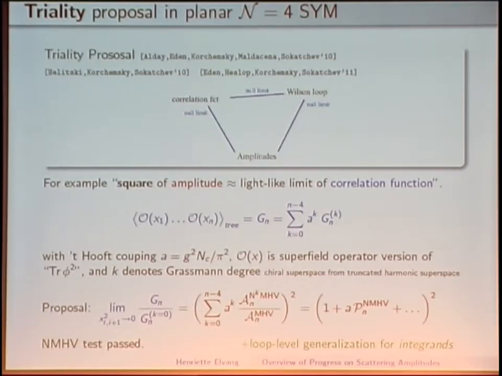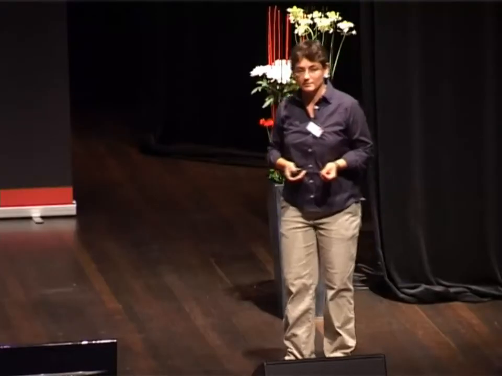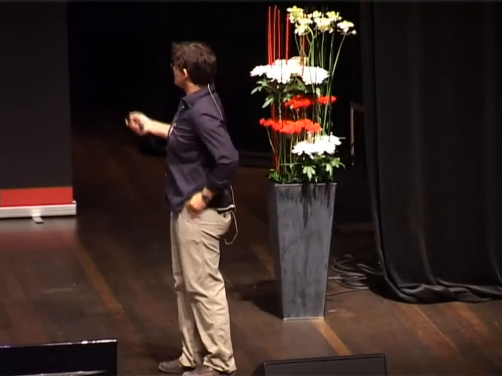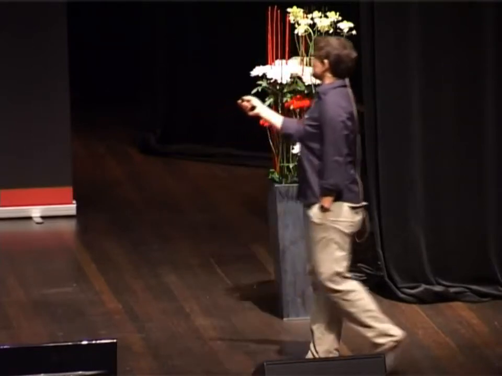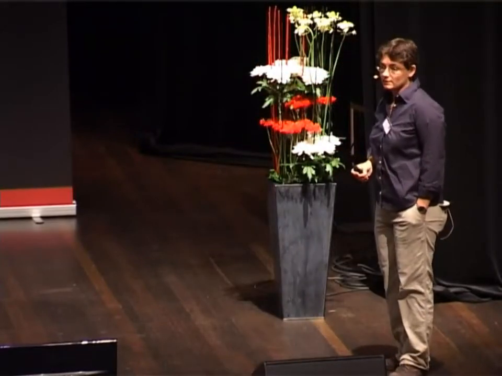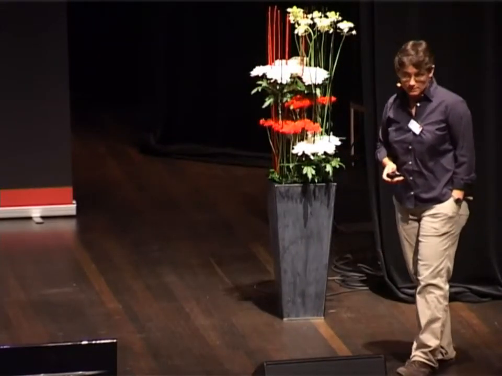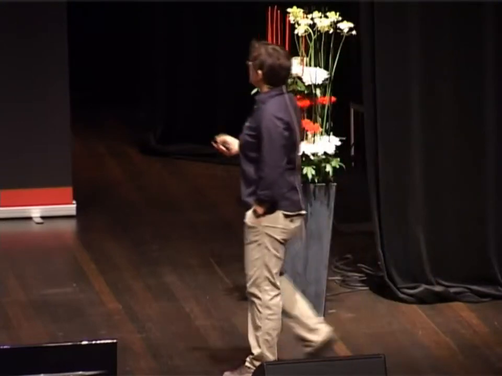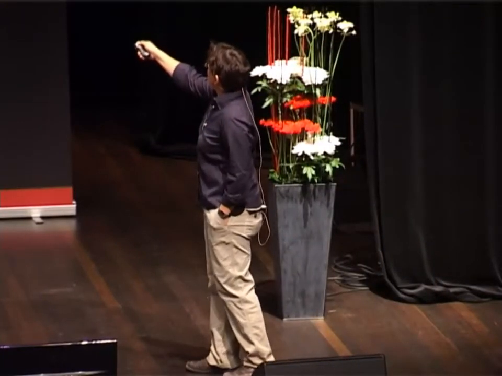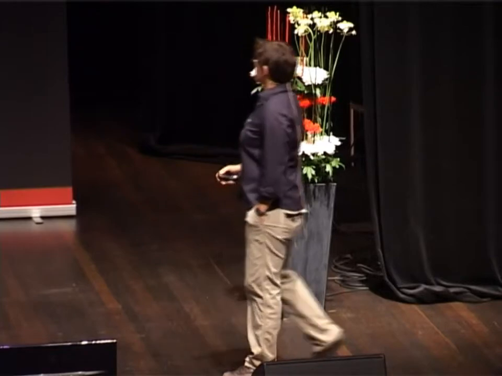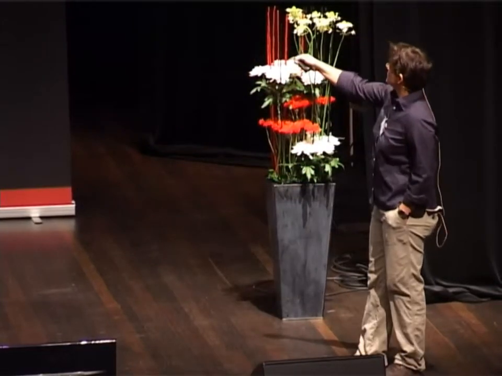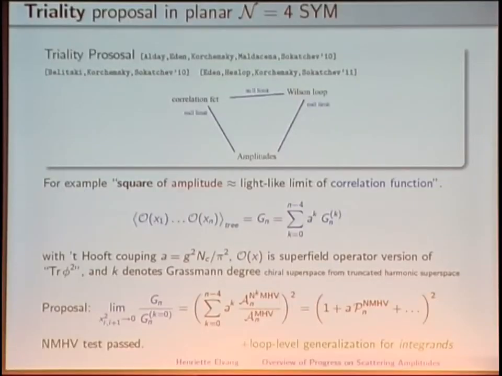And this NMHV test has been passed, and it's quite non-trivial that you can even arrange the correlation function result into something that looks like the R invariants of the NMHV amplitude. The proposal has also been generalized to the loop level, but at the level of the integrands. There's also the leg here that connects Wilson loops and amplitudes, which I'll not say more about. And as a consequence, you end up connecting the Wilson loops and the correlation functions.